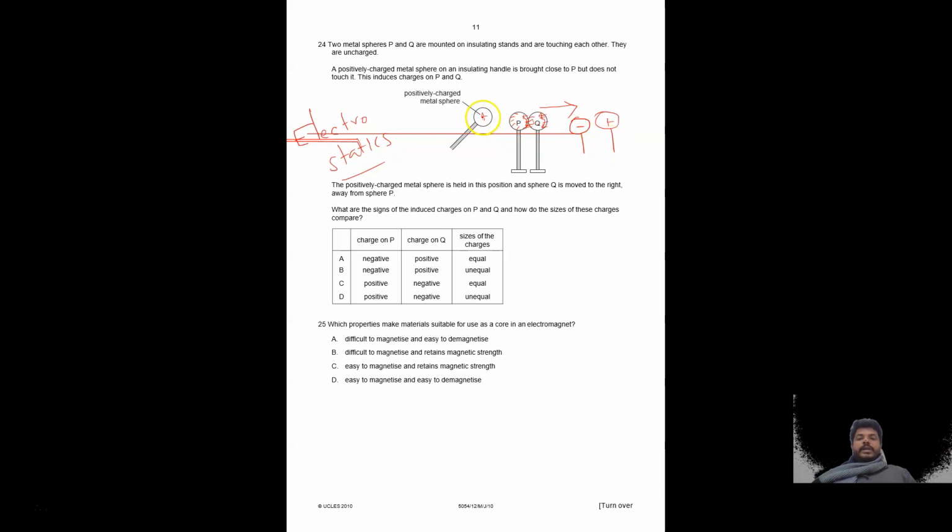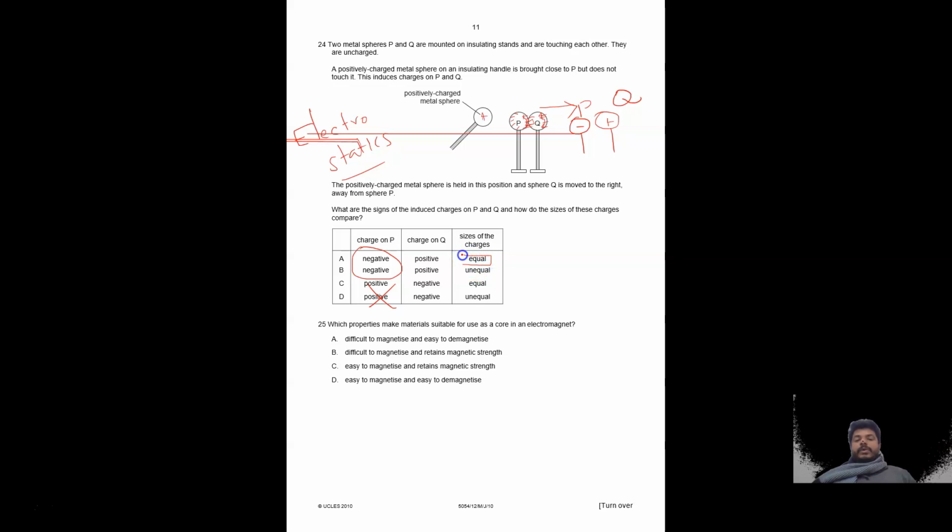Then later you can remove the positively charged metal sphere. You have the negatively charged metal sphere P and the positively charged metal sphere Q. So the charge on P is negative, so you can cancel these two options, and we have to just analyze these two options. The charge on Q is positive. Are the sizes of the charges equal or unequal?